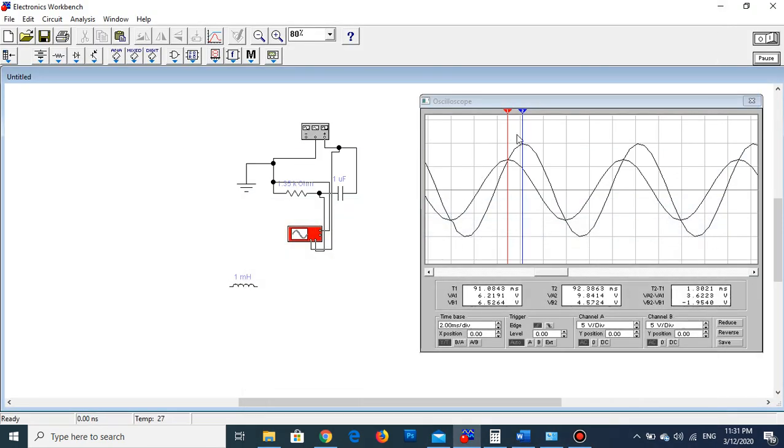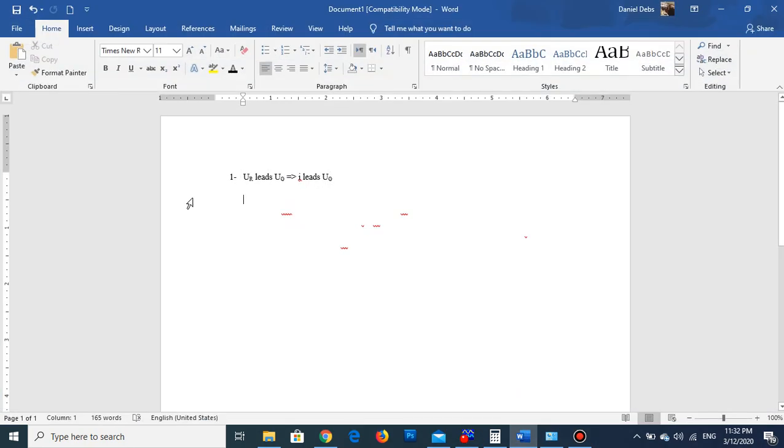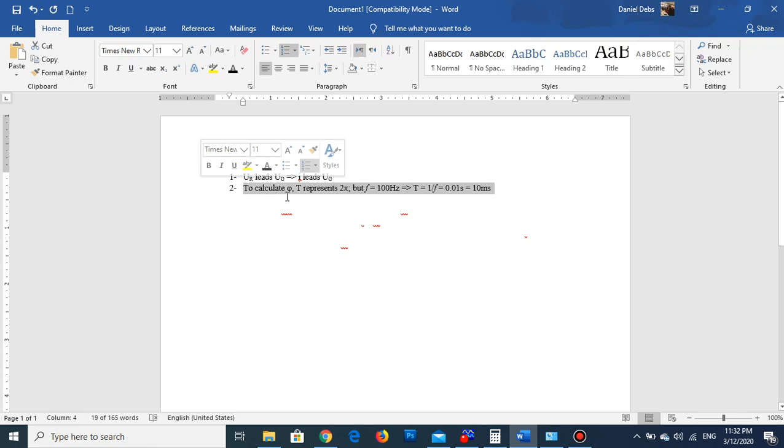Second, I want to calculate the difference in phase between these two oscillograms. Also, it is very simple. I can write here, to calculate phi, which is the phase difference, T, the period, represents 2 pi, as you know, since the period represents a complete cycle.